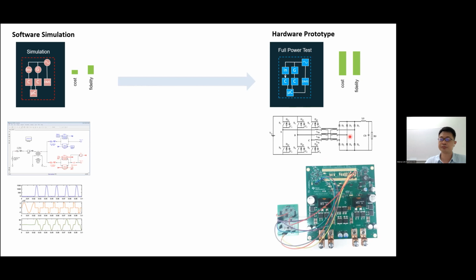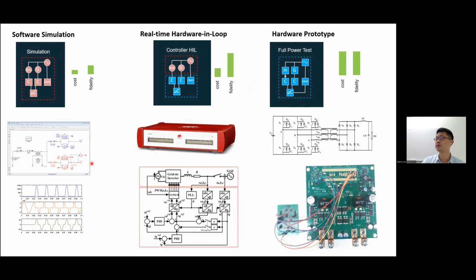So what can you do to combine the best of software simulation and an actual hardware prototype? That is where hardware in loop comes in. At the heart of hardware in loop is this hardware emulator. This hardware emulator will emulate the power stage and run it in real time.